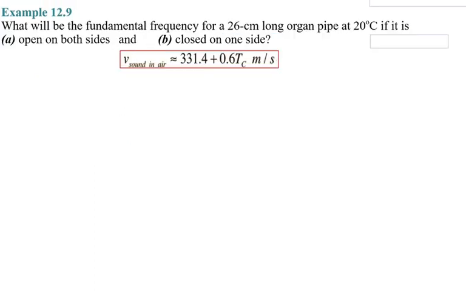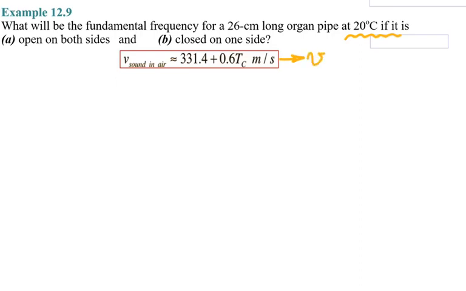Here's another example. What will be the fundamental frequency of a 26 centimeter long organ pipe at 20 degrees Celsius if it is open on both sides or if it is closed on one side? If they ever give you the temperature, then they probably want you not to take the velocity of sound as 340. They want you to calculate it, and there is a formula.